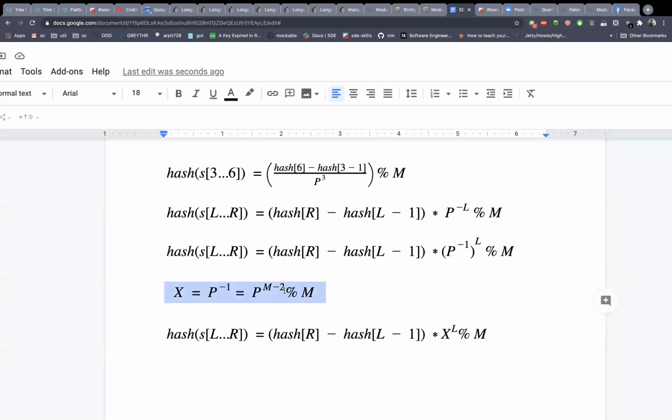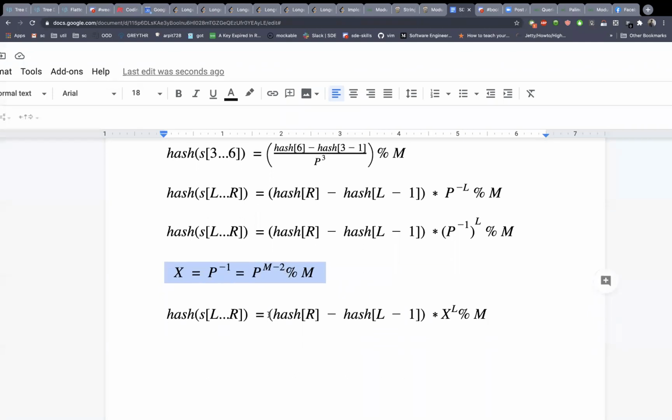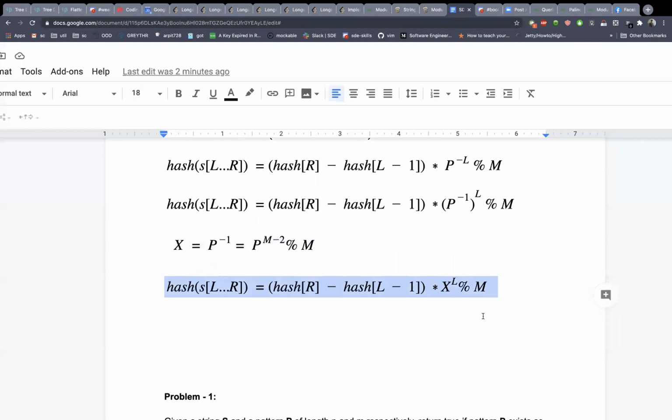Now we raise x to L modulo m and multiply with the hash. This will give us the proper value of our hash, handling the overflow as well. Is that clear to everyone?